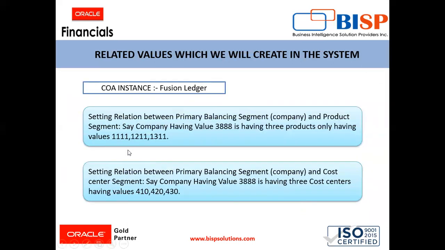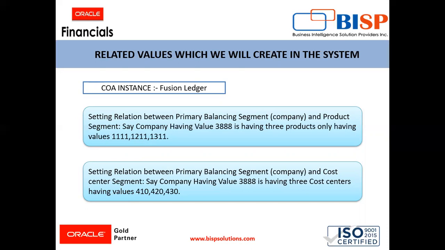Now, for the example which we will take while creating it in the system, we'll select the chart of accounts instance as Fusion Ledger, and we will set a relationship between the company and the product segment. So say the company is 3888 and it has three products, which are 1111, 1211, 1311.